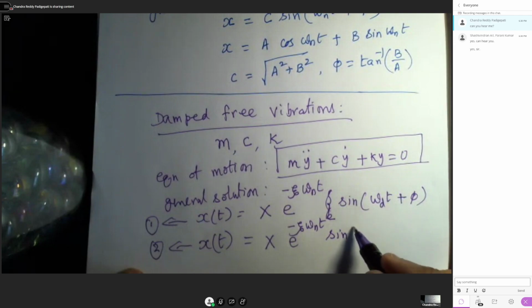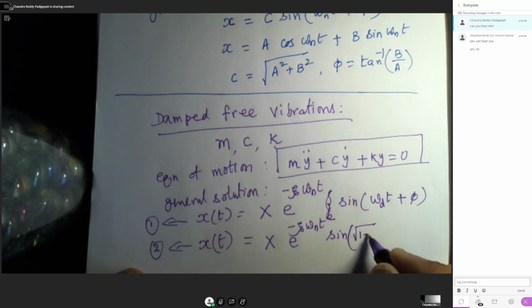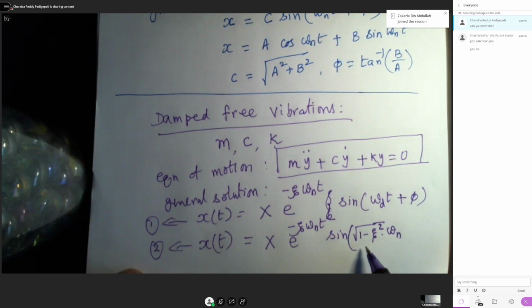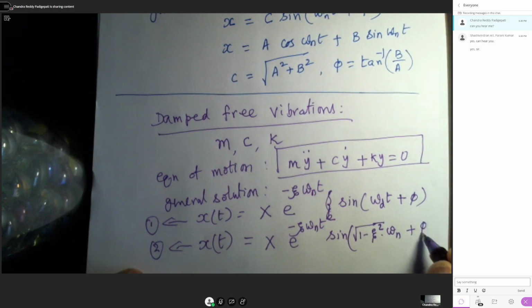Now instead of omega d, we can replace this with the natural frequency times square root of 1 minus eta square. Omega d is nothing but omega n into square root of 1 minus eta square, plus phi. So here everything is written in terms of the natural frequency.